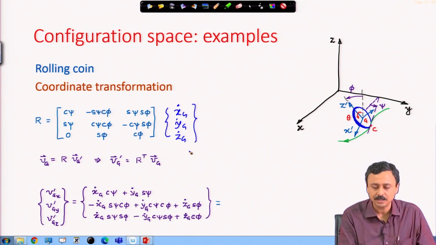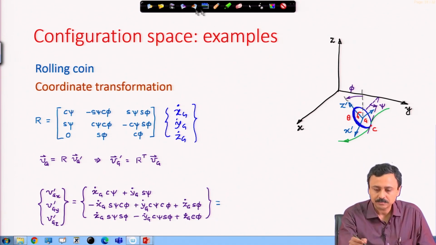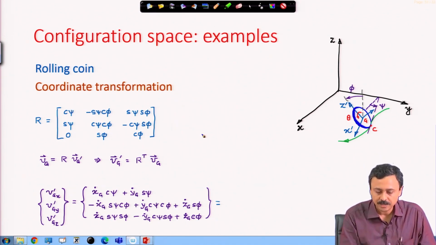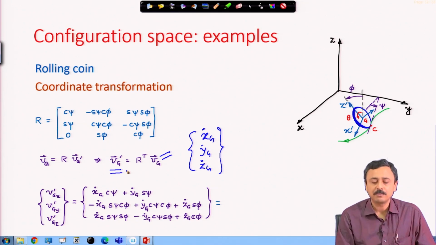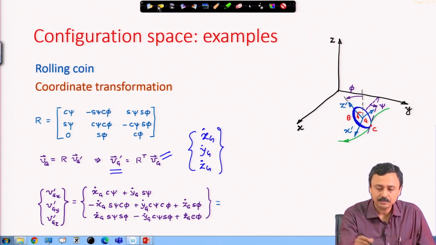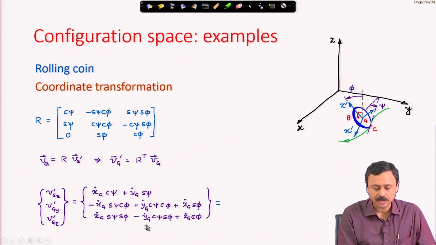This gives V g prime, the velocity in the primed frame, which is what I have written out here.